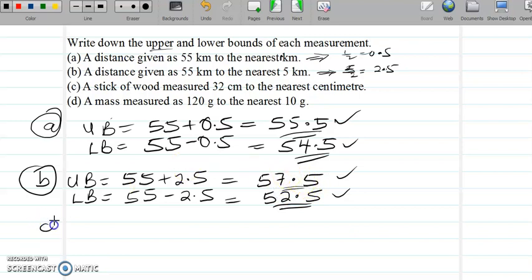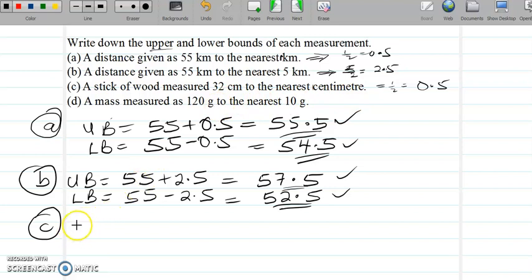Then the C part, the other way around, says a stick of wood measured 32 cm to the nearest centimeter. Centimeter means 1 centimeter, so the degree of accuracy is 1, and half of 1 gives us 0.5.